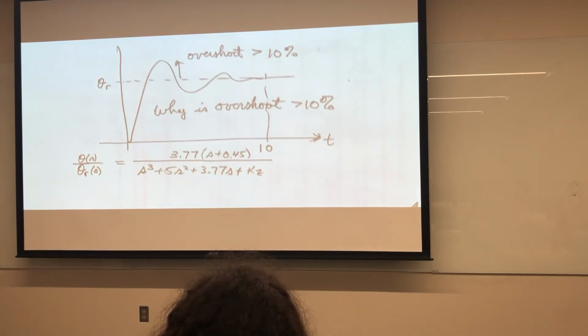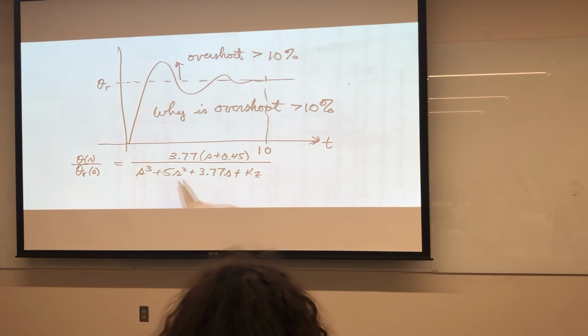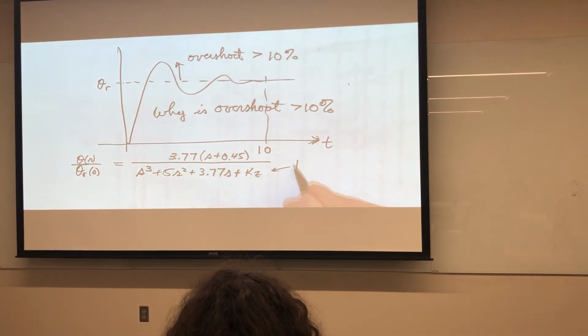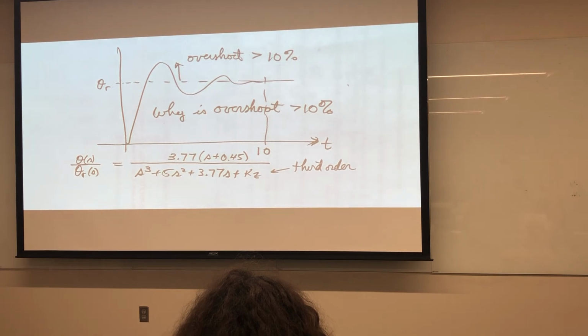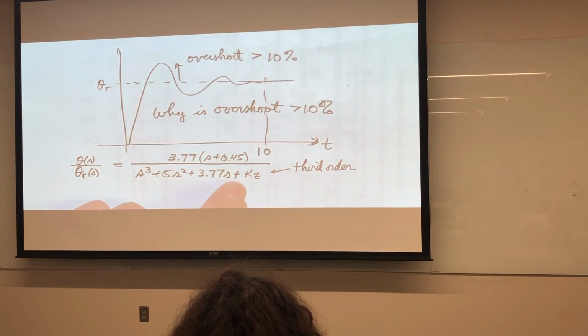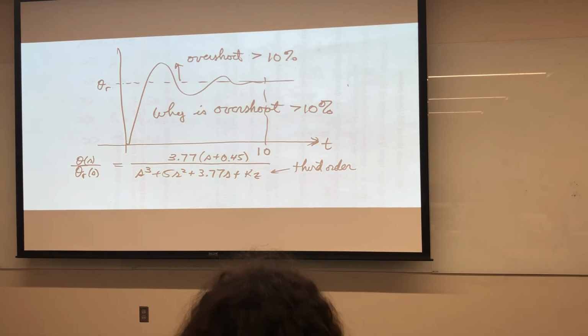So there's a couple of things that we should recognize now. This is third order, but our equations that we use for design were second order. So there's one engineering error there.